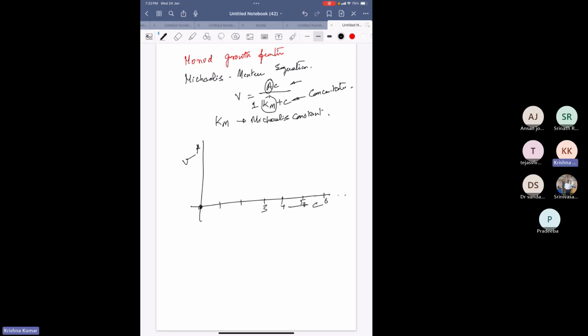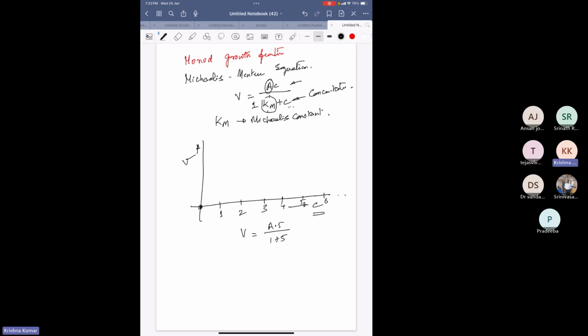Let's find out A. How do I calculate A? As I keep increasing C, it becomes bigger and bigger when compared to Km. Understood? When C is equal to 5, this equation becomes A into 5 divided by 1 plus 5.